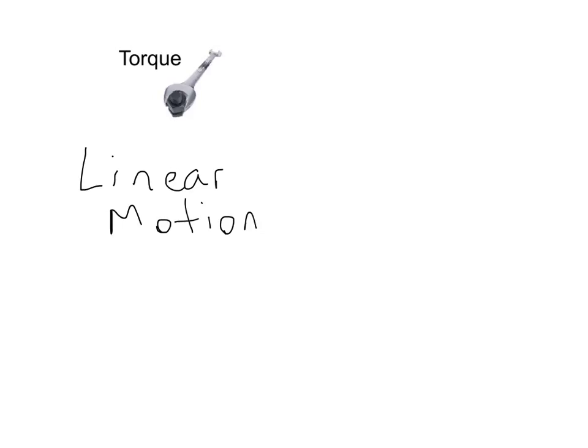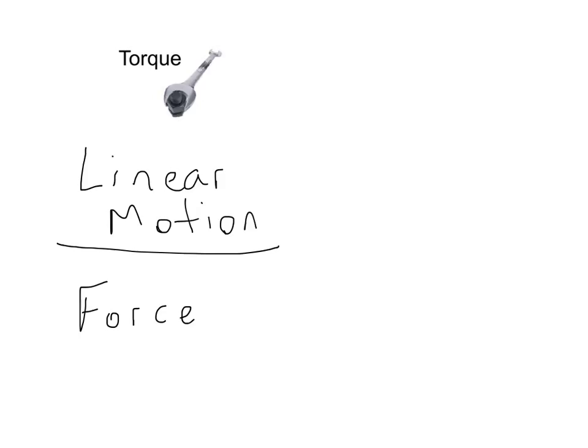You learned one of the most important tenets of basic Newtonian physics is that an object can't accelerate or decelerate unless there's a force that causes it to move. So, in the case of linear motion, what causes an object to accelerate is force.